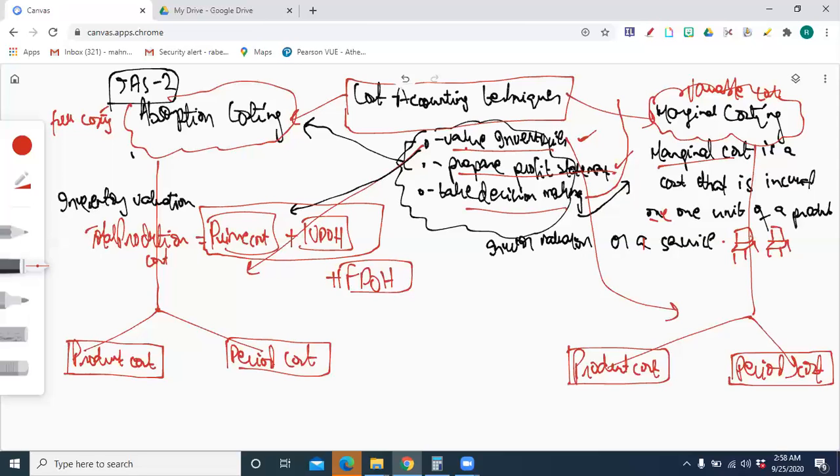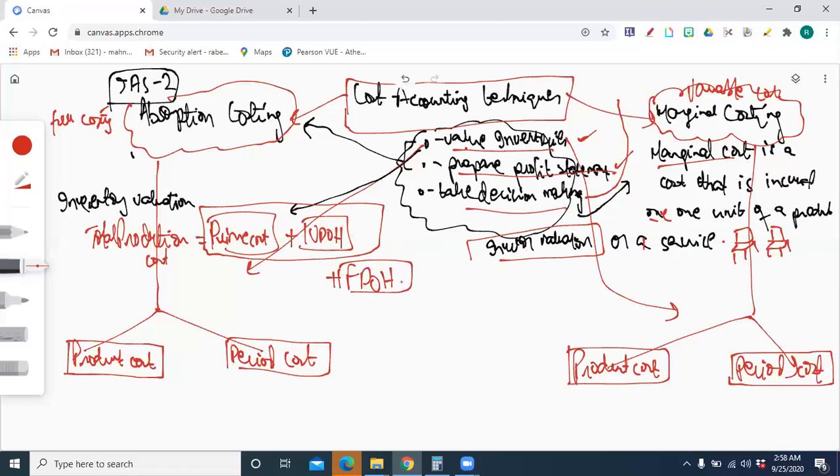If you are making a new chair, definitely the prime cost is going to increase, and also the variable production overhead would increase. But the rent won't increase. So it values inventory on the basis of the marginal cost, which is incurred on one unit of a product or a service.